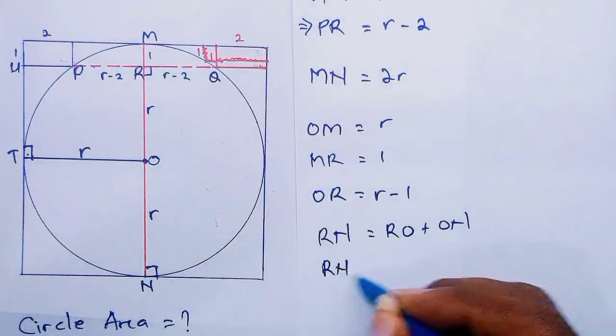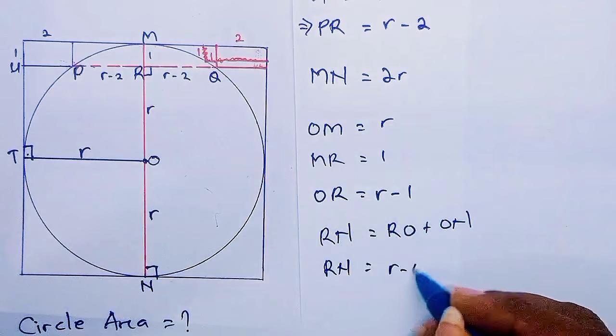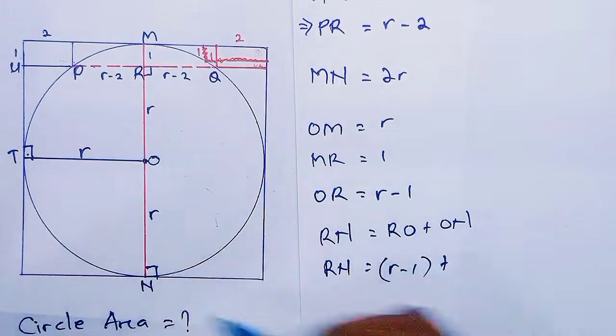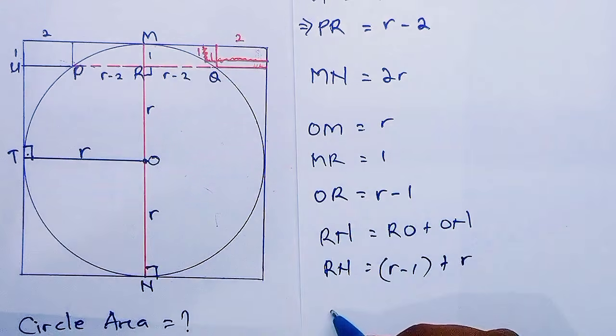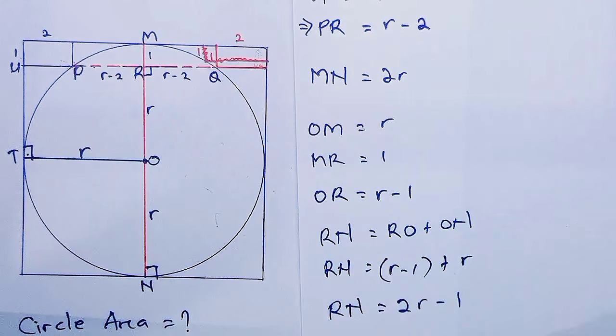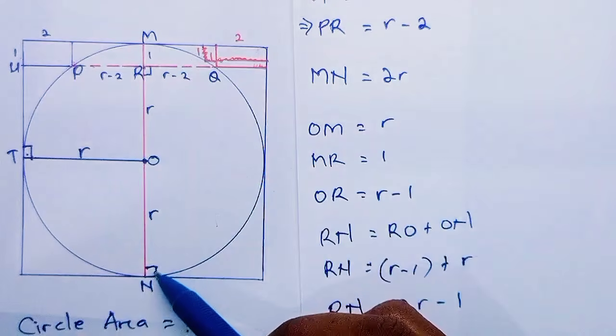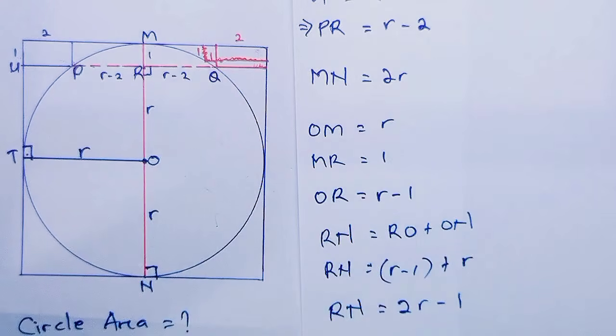So RN will be equal to RO, which is R minus 1, plus ON, which is R. So this becomes 2R minus 1. So from here to here is 2R minus 1.